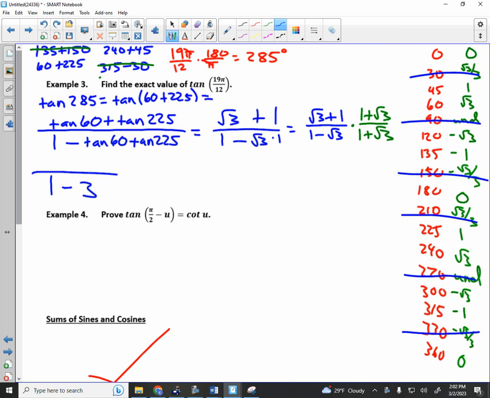Well, let's look and see what we get here. 1 times 1 is 1. And then root of 3 times 1 and root of 3 times 1 gives us 2 roots of 3. And the root of 3 times the root of 3, 3. So 3 plus 1 is 4, plus 2 roots of 3, all over negative 2.